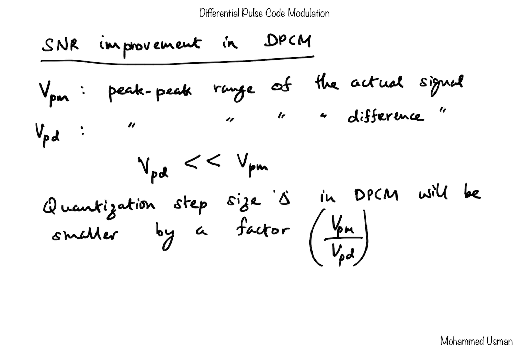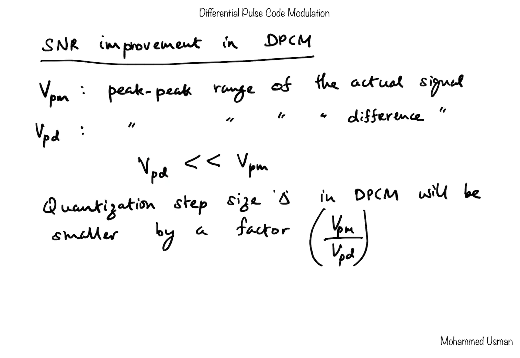For example, if the peak-to-peak range of the actual signal is 16 volt, and the peak-to-peak range of the difference signal is 8 volt. In practice it's much smaller, but just for the simplicity of discussion, we'll assume VPM is 16 and VPD is 8, half of it. That means VPD is smaller by a factor of 2. VPM 16 by 8 will be 2.